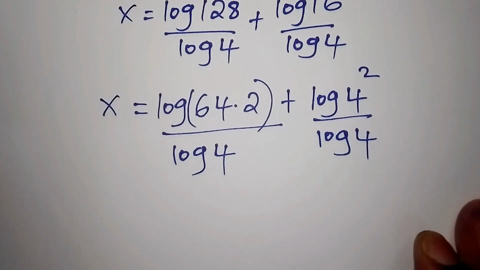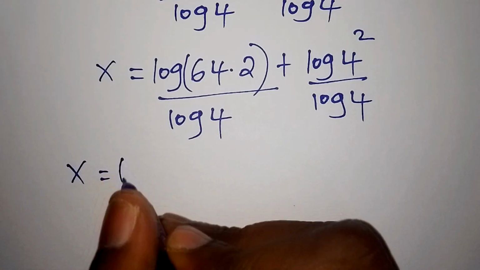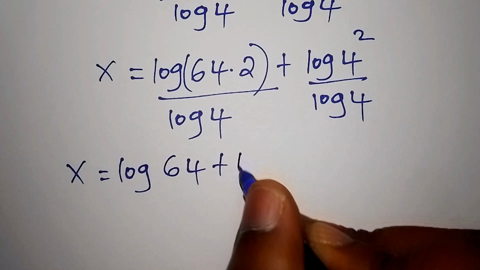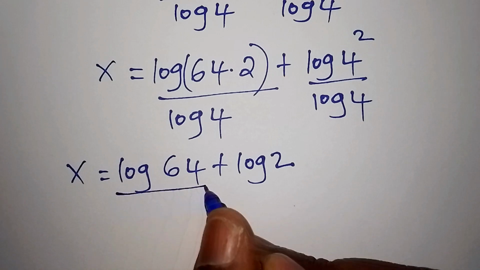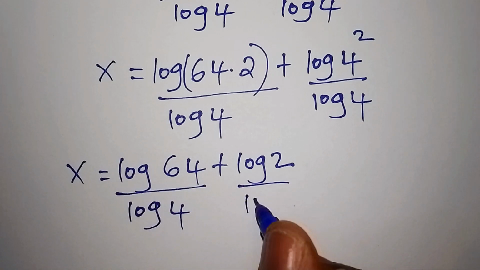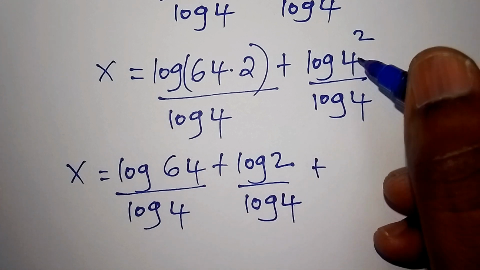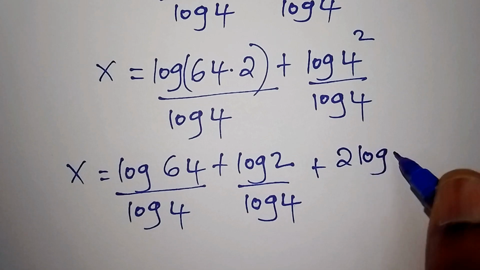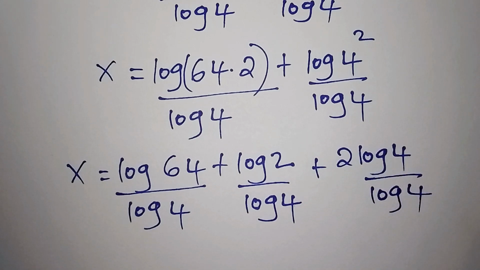So next, the value for x is equals to the log of 64, plus the log of 2, then don't forget that everyone is divided by the log of 4, plus, so the log of 4 to the power of 2 can be written as 2, the log of 4 all over the log of 4.